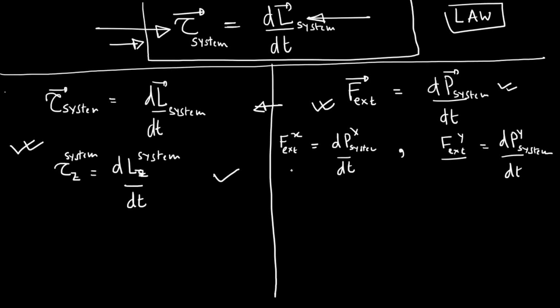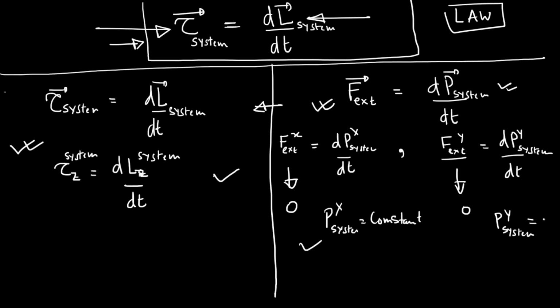Now the standard thing is, what if this is 0? I mean, you know that px system is equal to constant, and this is called the conservation of linear momentum. It depends on whether the force is 0, right?